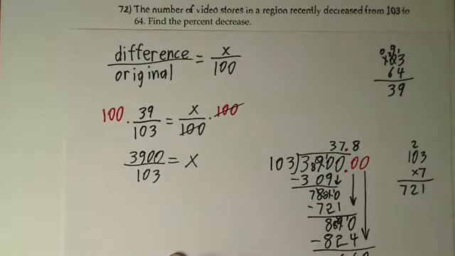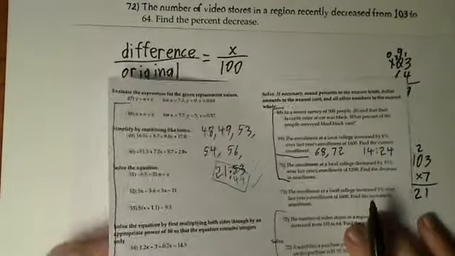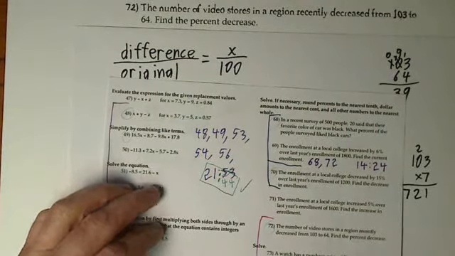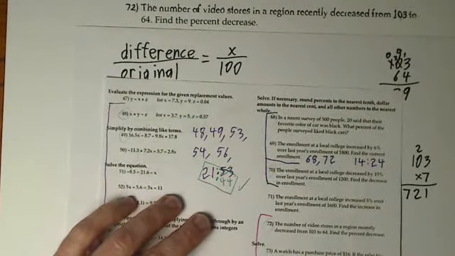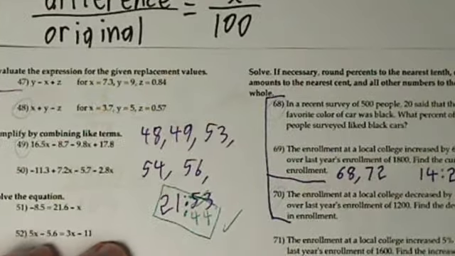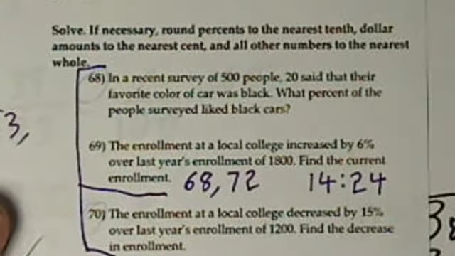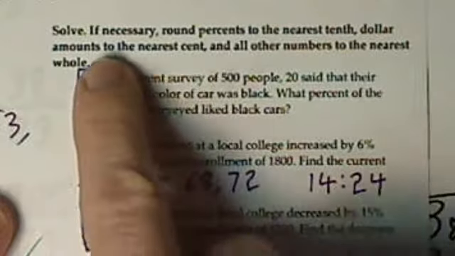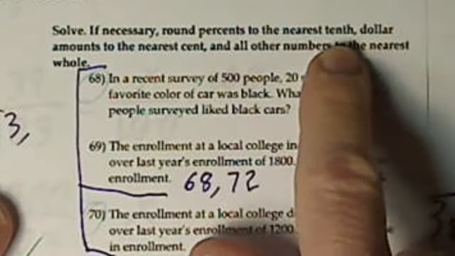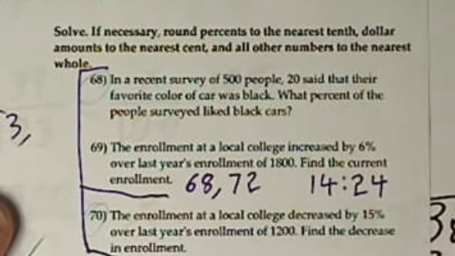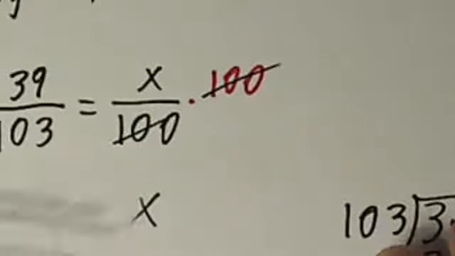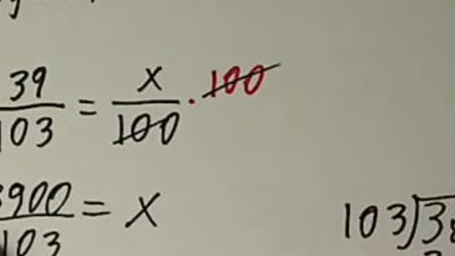If you remember, at the beginning it said that we could do some rounding. I'll bring that back in here for a second just to reiterate exactly what I'm up to. It said, if necessary, round percents to the nearest tenth. So that's what we're going to do here.